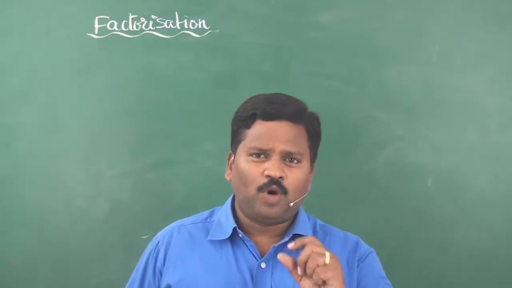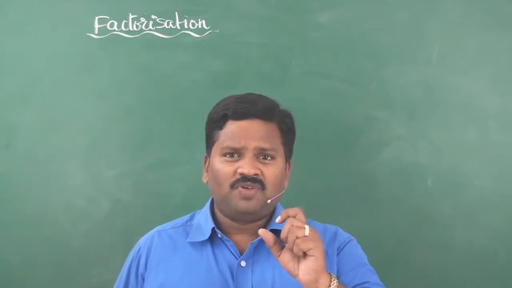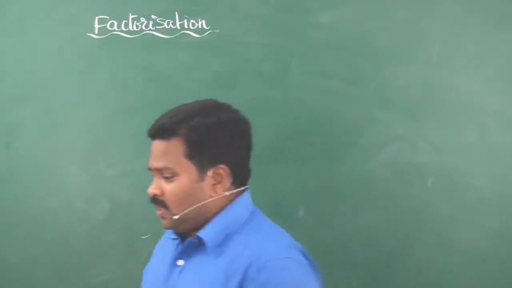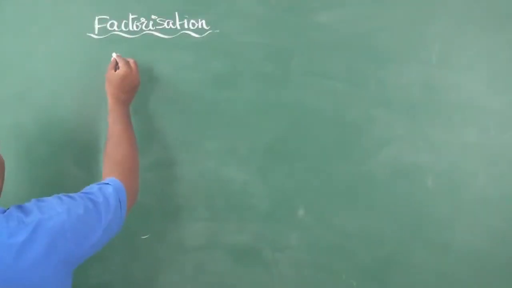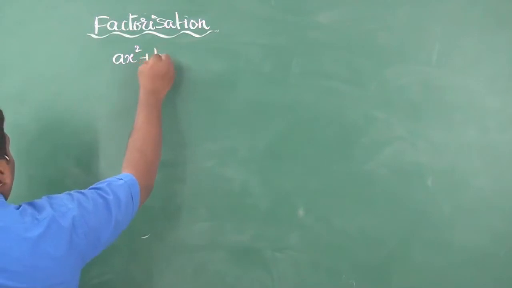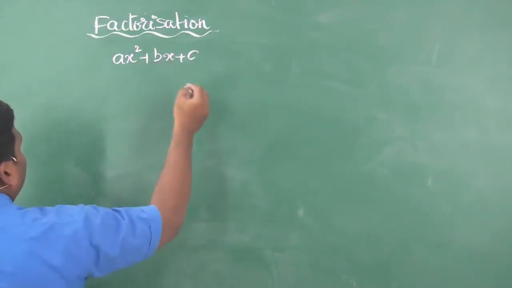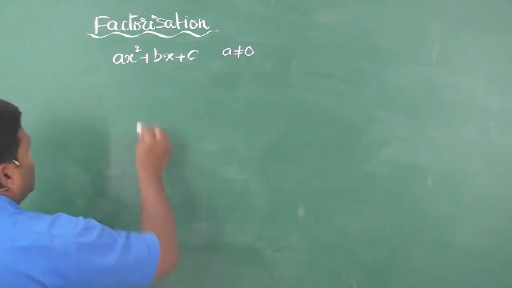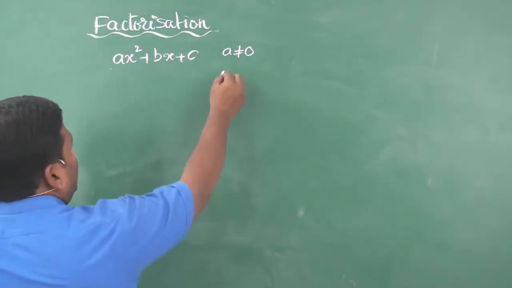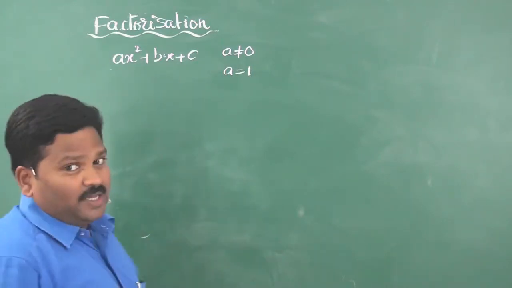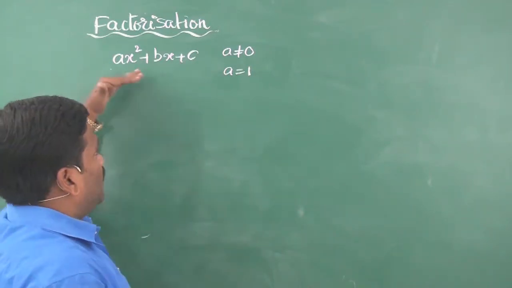Non-monic quadratic polynomial means the coefficient of x square is not equal to 1. The general form of a quadratic polynomial is ax square plus bx plus c, where a is not equal to 0. This is a quadratic polynomial. If a is equal to 1, then it is a monic quadratic polynomial.